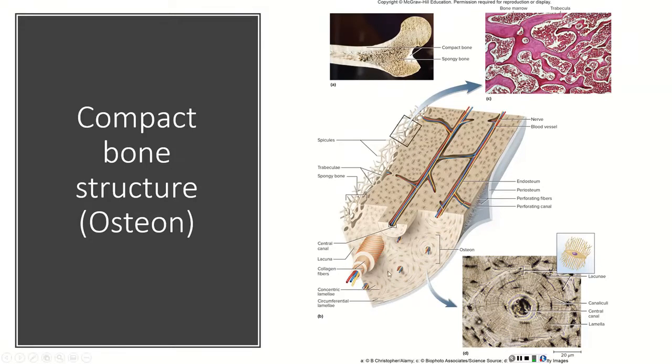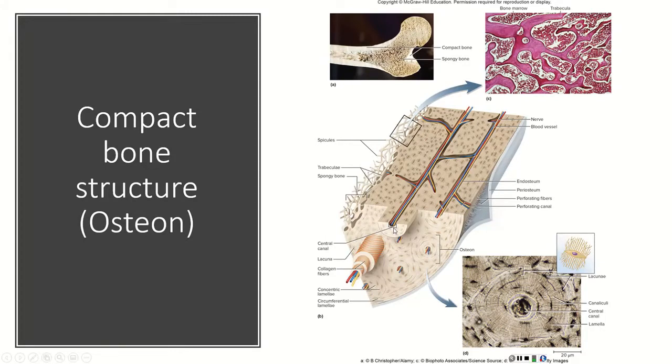And right in the middle, we have this hole. In the microscope, on the slide, it looked very dark. You couldn't really make out much of what was inside. But that is called the central canal, or the Haversian canal. The Haversian canal is where we find the blood and lymph vessels, and in some cases, nerves.